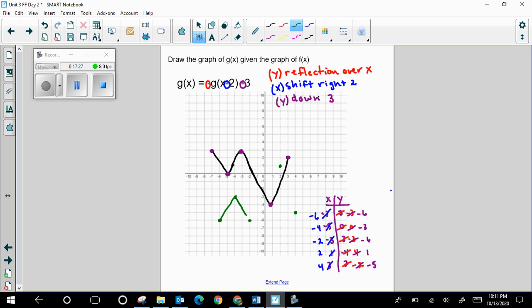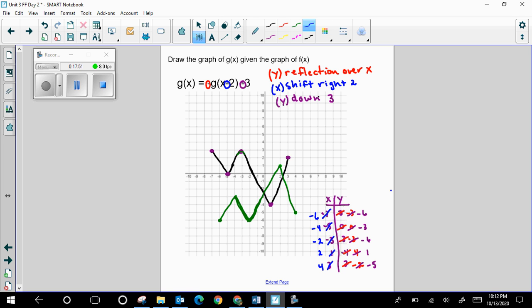So if I connect those points, I should have the same shape but reflected. This right here should be my kind of curved one to match this one here. So you can go through the transformations just to check.